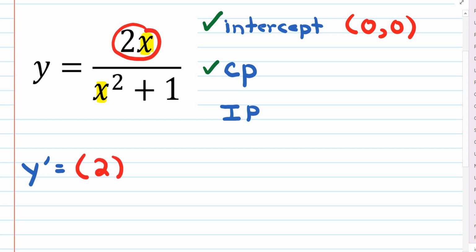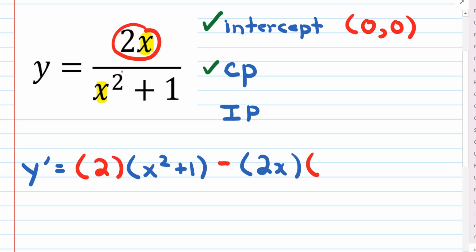And then we multiply by the denominator, and the denominator here is going to be x squared plus 1. And then the quotient rule states that we need to subtract. And now I can subtract the numerator, which is 2x, and then I can multiply by the derivative of the denominator, and the derivative of x squared plus 1 is going to be 2x.